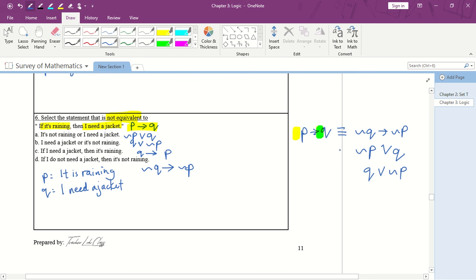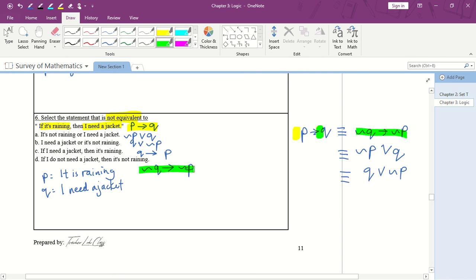And now we found another 3 equivalent ways, and now we can try to find which one is not the same. So now let's try to figure it out. Let's get the ones that are the same. Negation Q to negation P, which is exactly the same as the last one here.